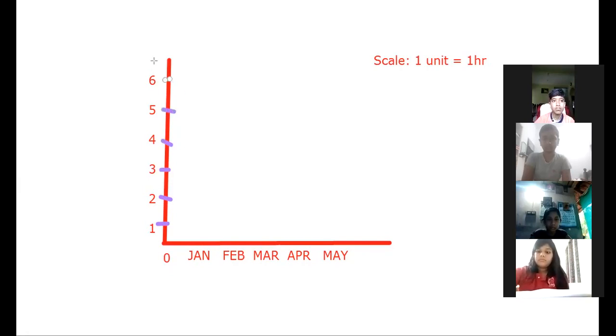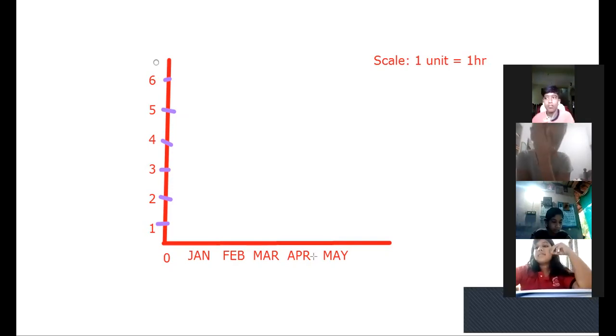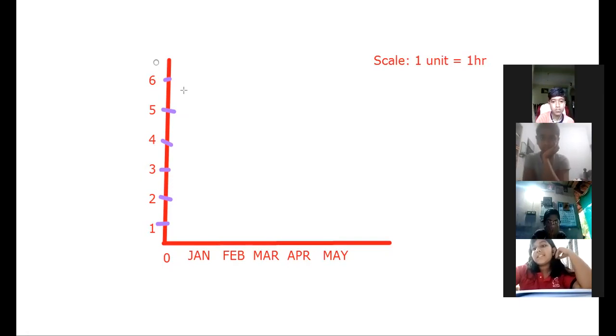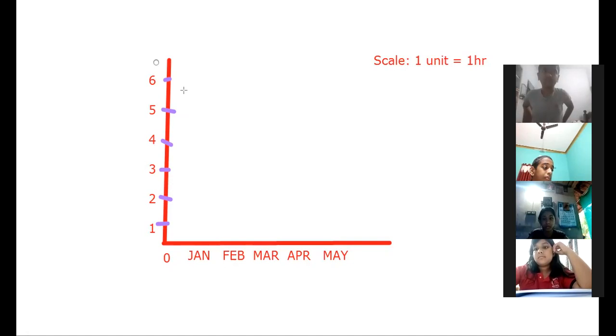While you are drawing in your notebook, you must draw it at equal distance. All these divisions should be of equal length. So we have drawn a horizontal axis and a vertical axis. In our horizontal axis, we have represented the names of our months. And in our vertical axis, we have represented the hours of sunshine.